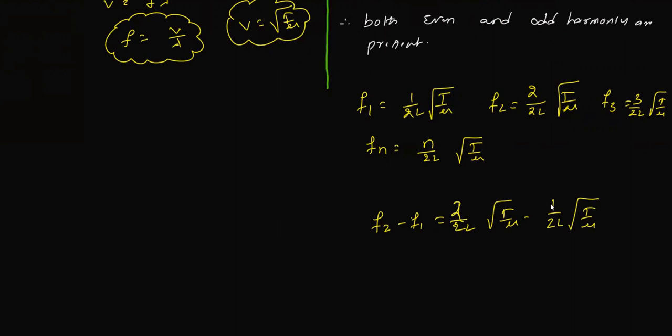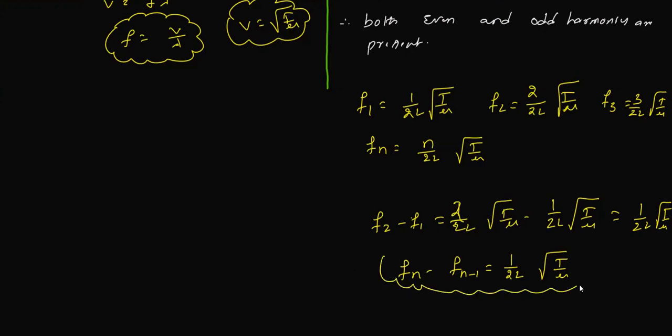If I take 1 by 2L root T by mu common, 2 minus 1 remains, which is 1. Therefore, F2 minus F1 is 1 by 2L under root T by mu. So Fn minus F(n-1) for a stretched string is also 1 by 2L into the square root of T by mu. This is one of the important results which we have to remember.